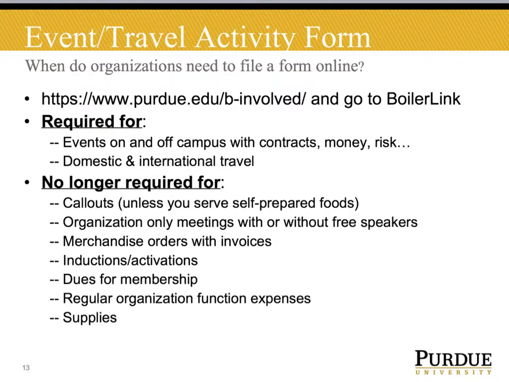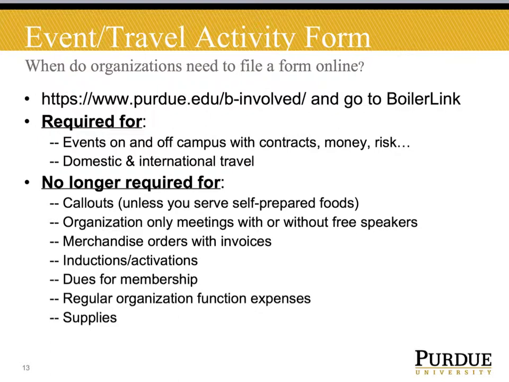Here is some more specific information as to when your organization needs to fill out an event travel activity form online through BoilerLink. It is required for an event that is on or off campus that includes contracts, money, or risk. Remember, risk is a serious thing, and even something as simple as a dunk tank has a lot of risk.